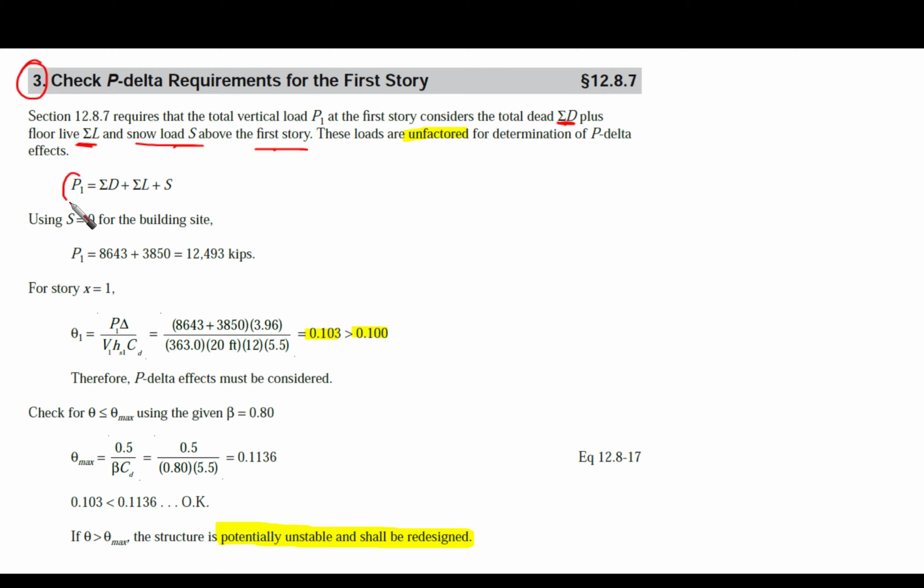So we have P1 equal to dead load plus live load plus snow load. Okay, so these are the loads. Take care. Sigma here means all the floors above, and sigma here means all floors above. But here there is no sigma because we have only snow at the roof, so it will be taken into consideration without sigma. Okay, these loads are unfactored. Again, take care. A common mistake is to use the factored loads.